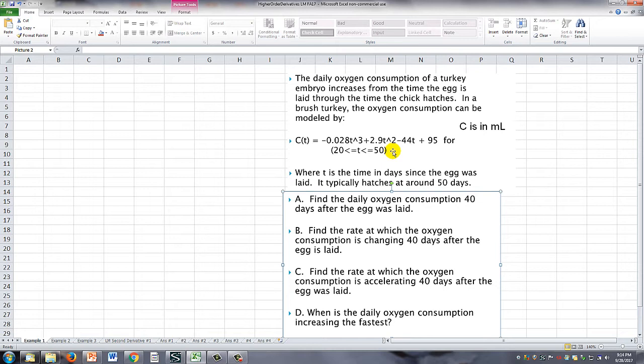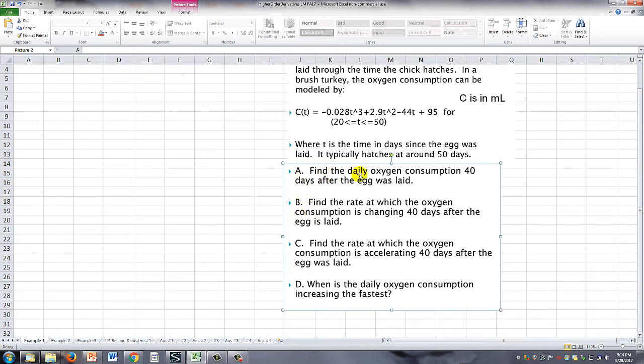In a brush turkey, the oxygen consumption can be modeled by this function here, and it's a polynomial function, for t between 20 and 50, so we were given a domain, and we're told that c is in milliliters, where t is the time in days since the egg was laid. It typically hatches around 50 days. So t is time in days, c is milliliters, and the function is the daily oxygen consumption of a turkey.